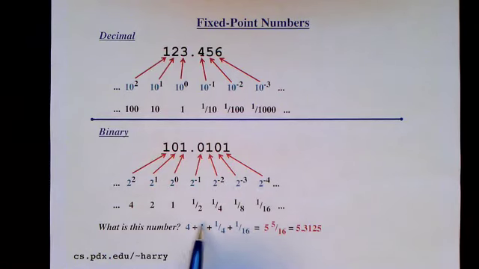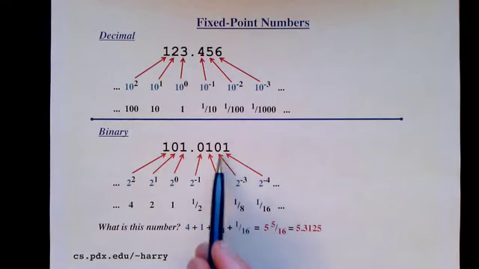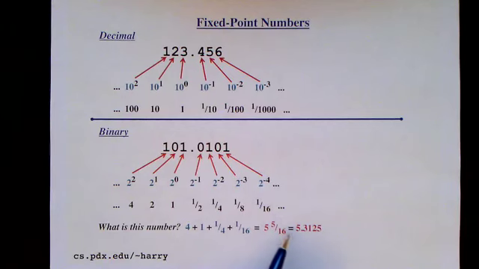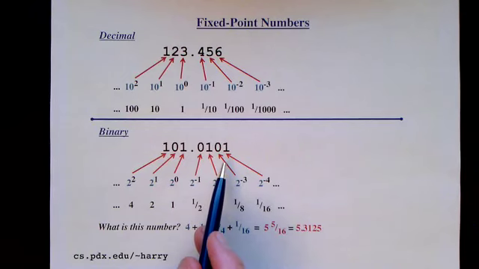So 4 plus 1 plus a quarter plus a 16th is 5 and 5/16ths, or equivalently 5.3125. So this is the binary fixed point representation of the number 5.3125, or 5 and 5/16ths.